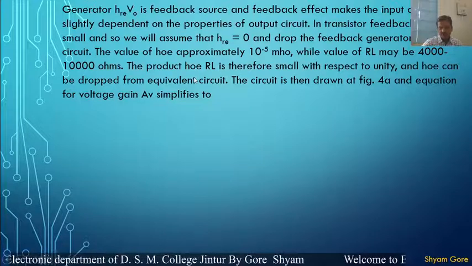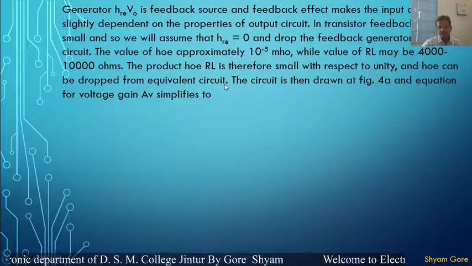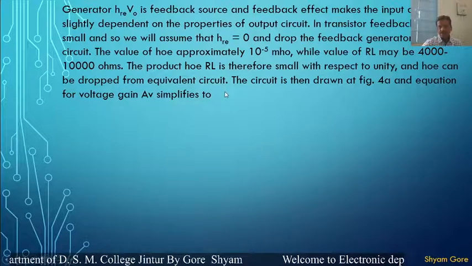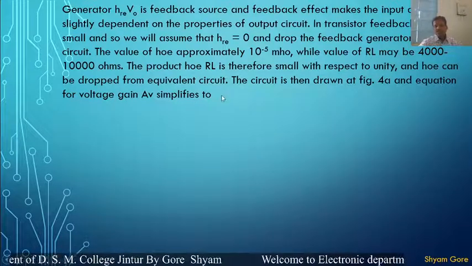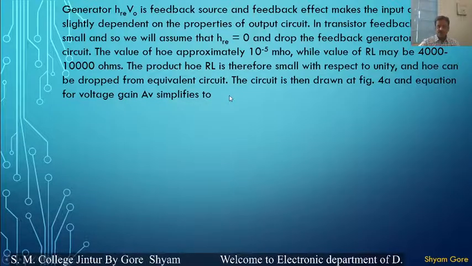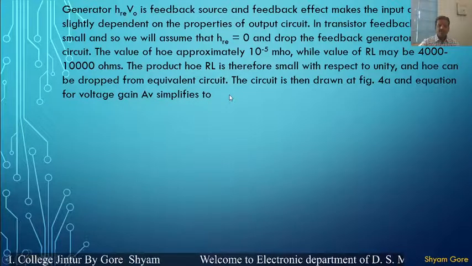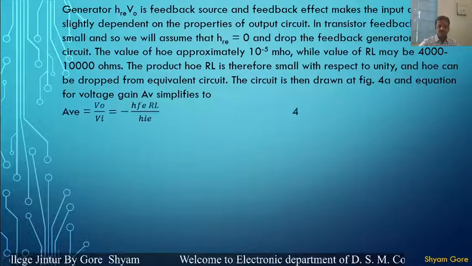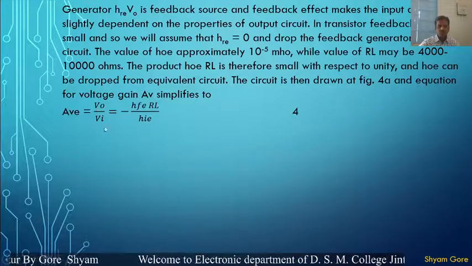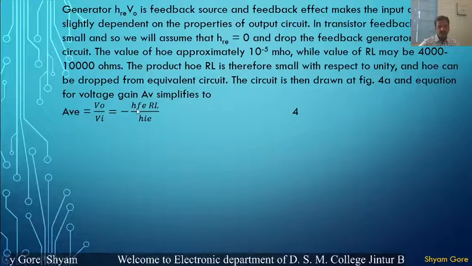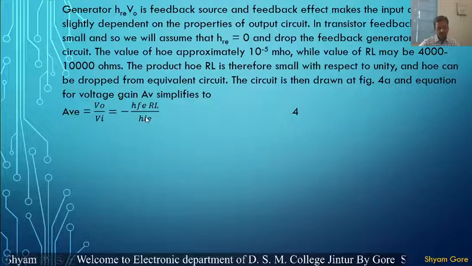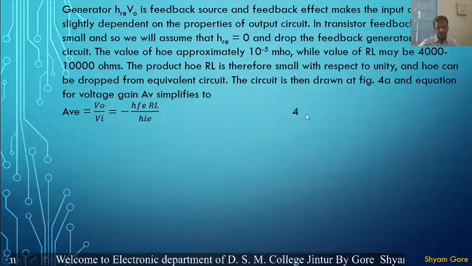The circuit is redrawn in figure 4, and we can simplify the equation for the voltage gain: AV is equal to VO divided by VI, which is equal to minus HFE into RL divided by HIE. This is equation number 4.